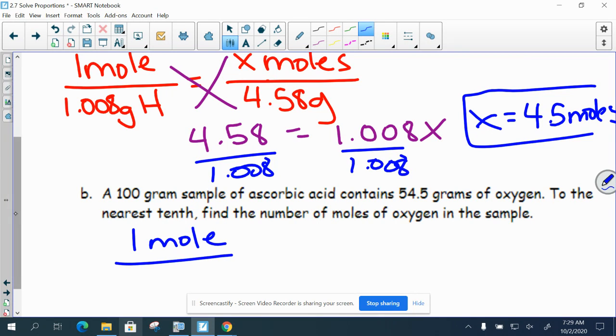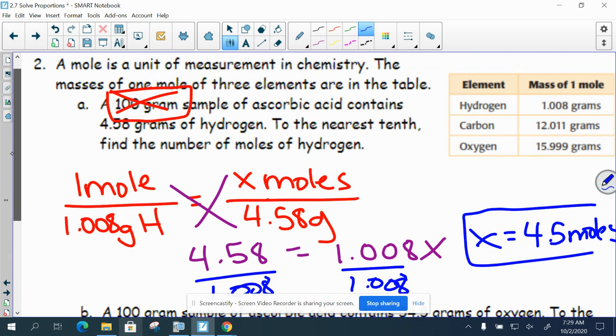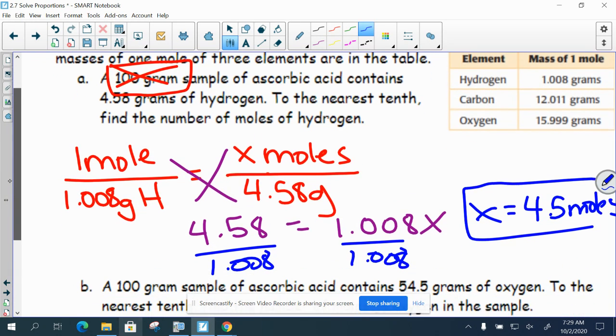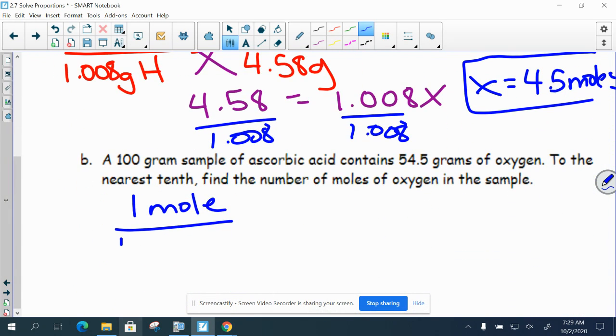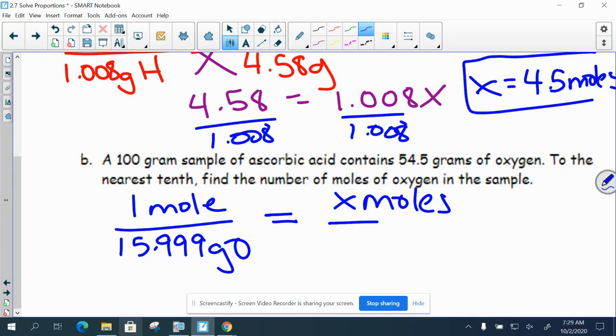So what's the number for oxygen in the table? It was 15.999 grams. So 15.999 grams of oxygen, O stands for oxygen, equals x moles in our sample over the 54.5 grams of oxygen in our sample.